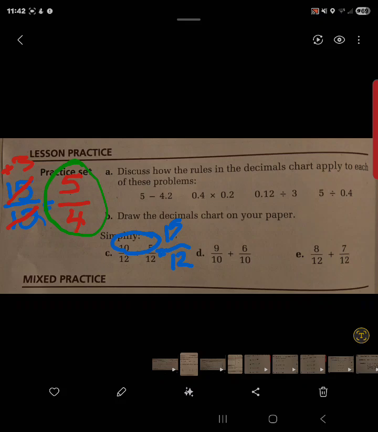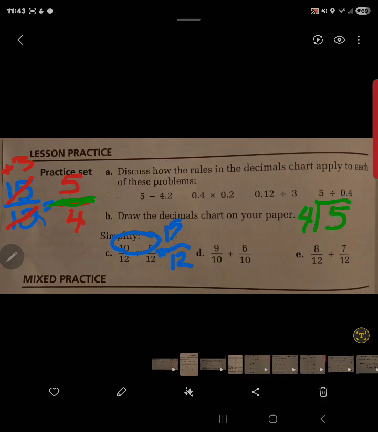We've gone over in class, what does the line on a fraction mean? It means divided by, right? So 5 divided by 4. Whatever is on the bottom goes outside of the house. So all we're going to do is take 4 and divide it into 5.